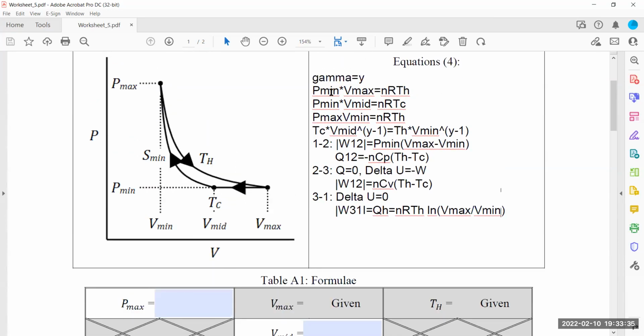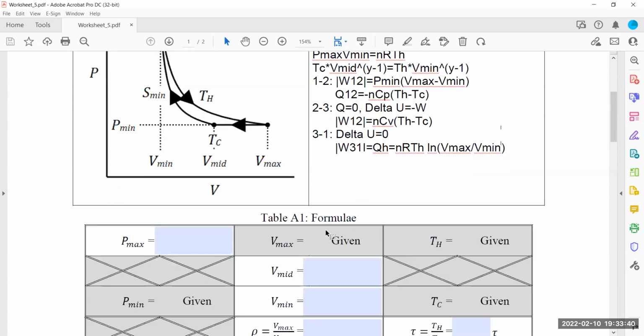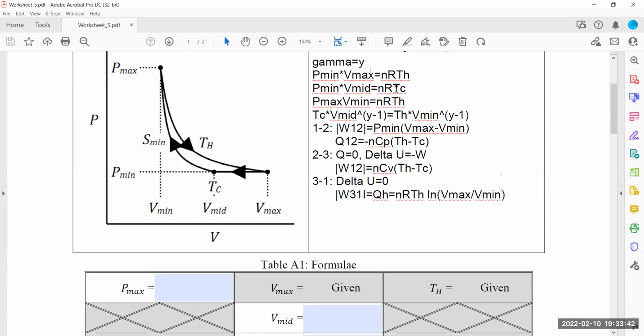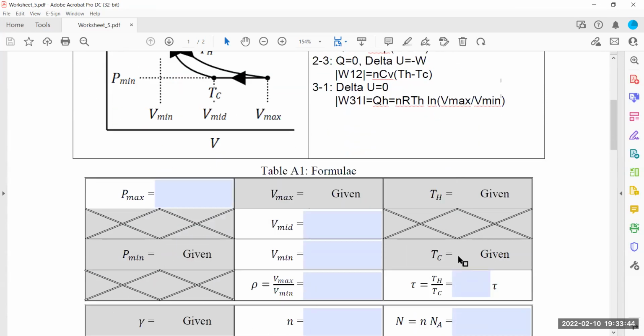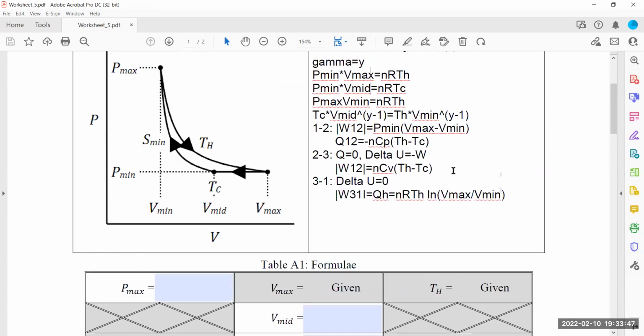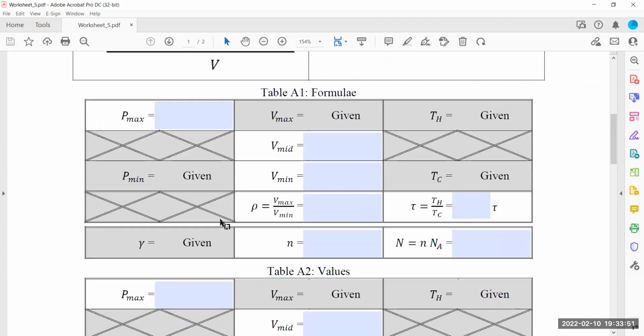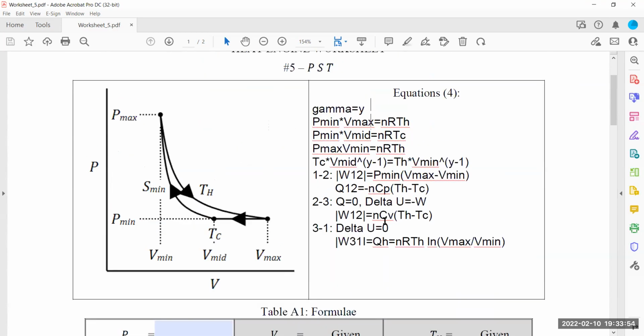Here is Pmin times Vmid, which is not given, so we need to find it, equal to nRTC, and TC is given. So TC is given, Pmin is given, and n and R are given. No, n is not given, I'm sorry, n is not given. So we're supposed to solve these equations and find what we need to find, namely Vmid, okay? n is not given, TC is given, TH is given, Pmin is given.